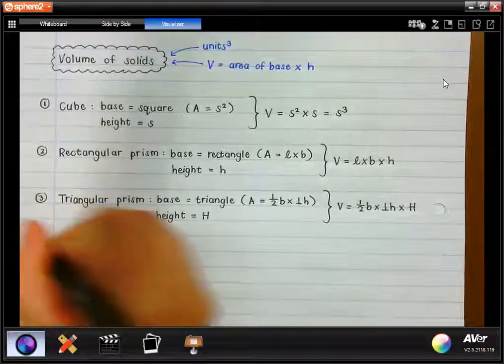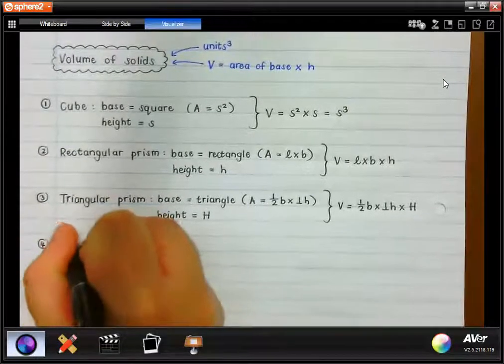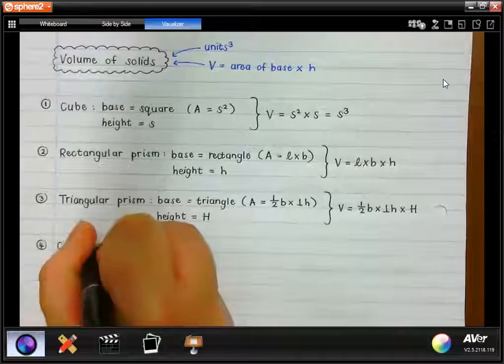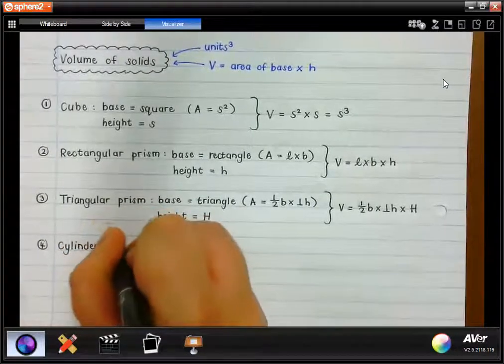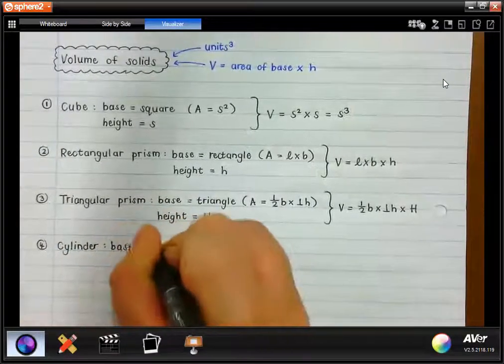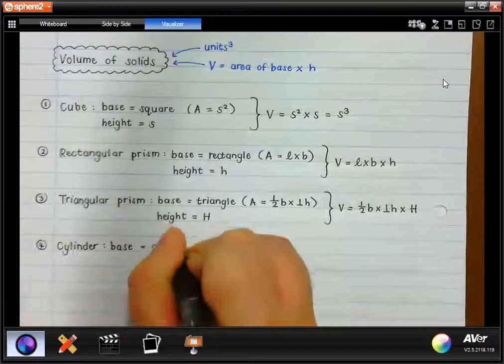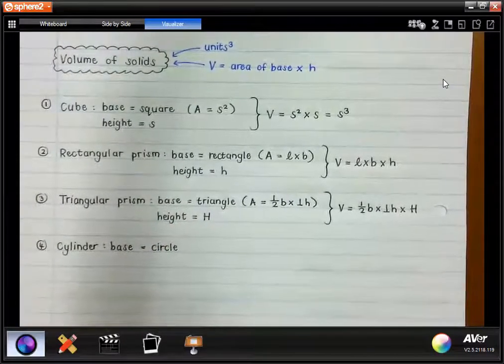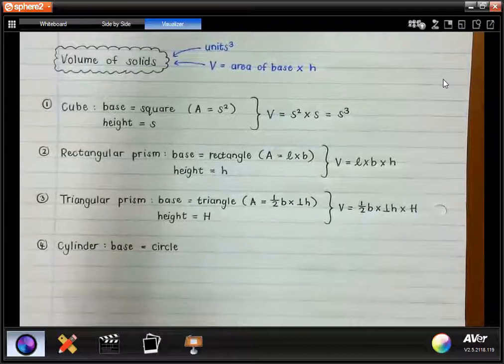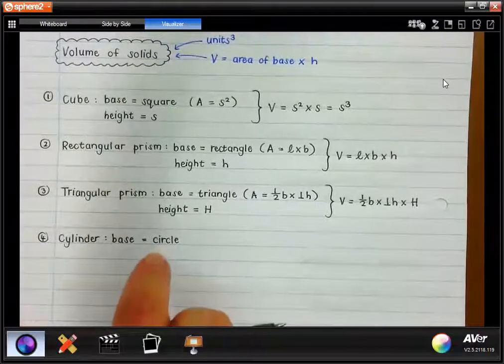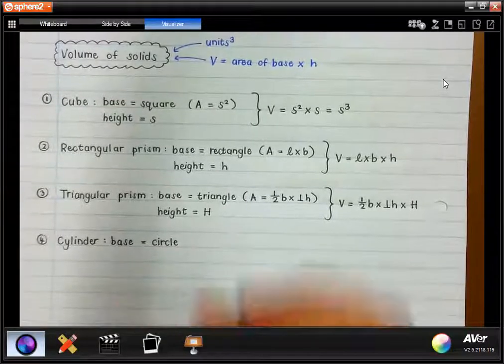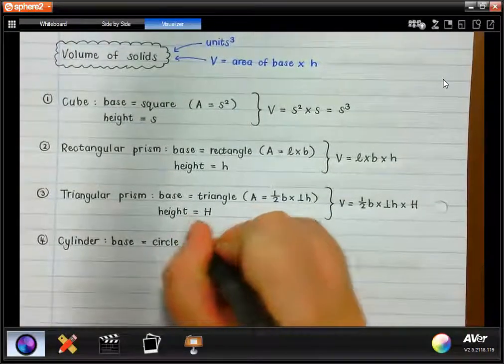Okay, the last one is a cylinder. And for a cylinder, the base is always a circle. Again, guys, even if it's not drawn that way, all right? Sometimes they're going to show you a cylinder that's lying like on the tube part, that's lying on its side. We need to remember that the proper base of a cylinder is a circle. And now this was a question in the test.